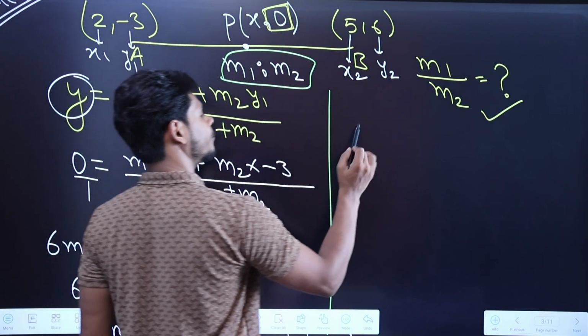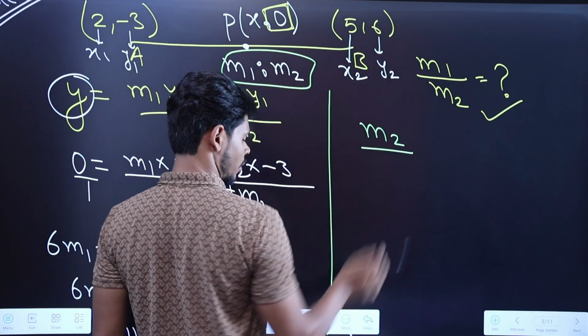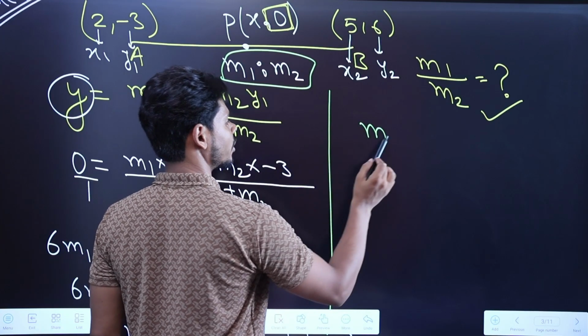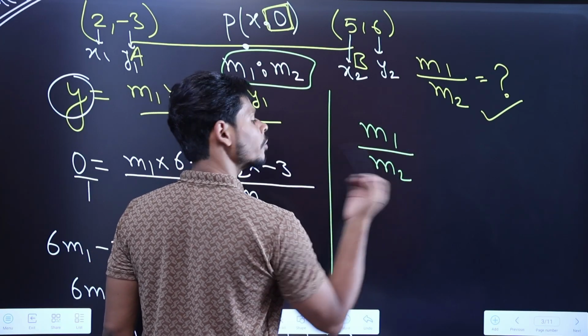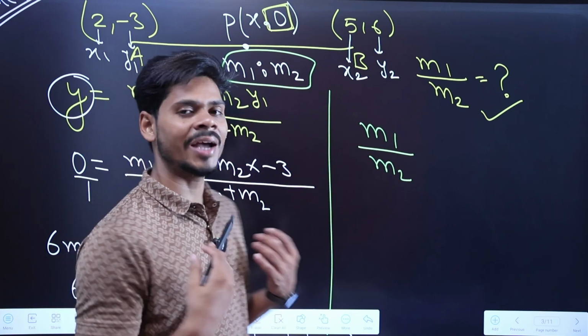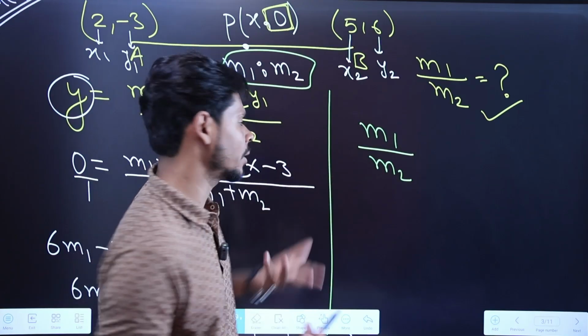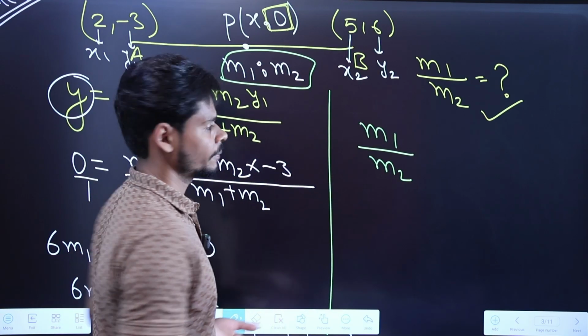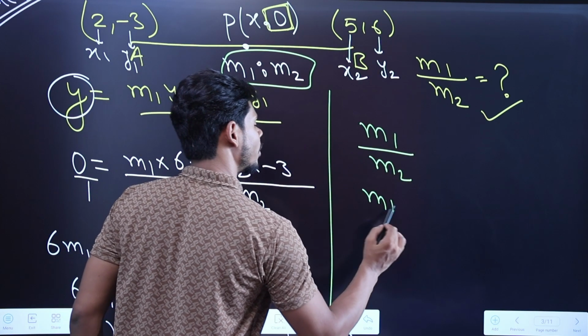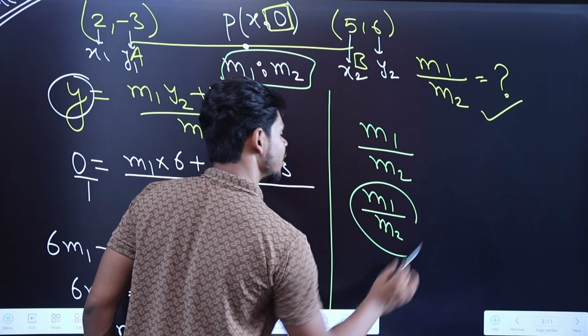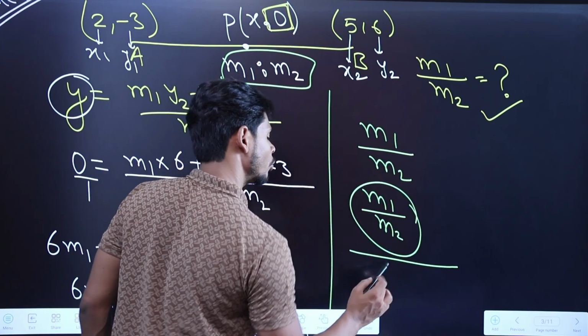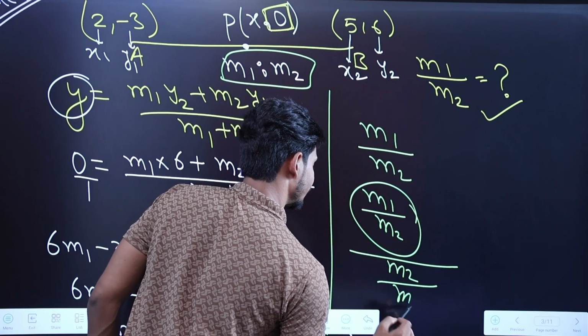Similarly, the ratio m1 to m2 is nothing but m1 upon m2. If I want to divide the numerator as well as the denominator by m2, is there any problem? Nothing, right? So I divide the numerator by m2, and I divide the denominator by m2 also.